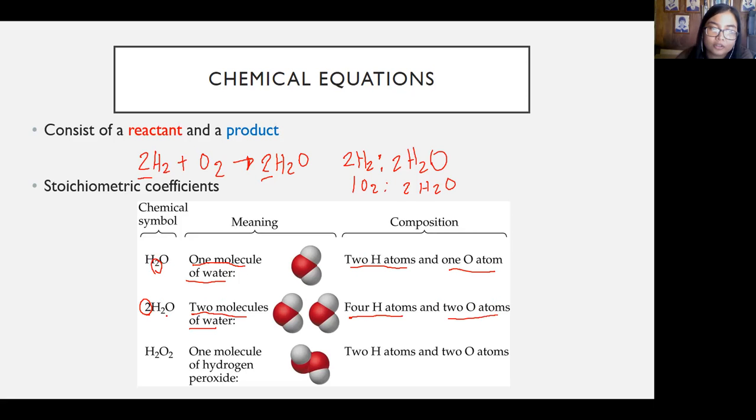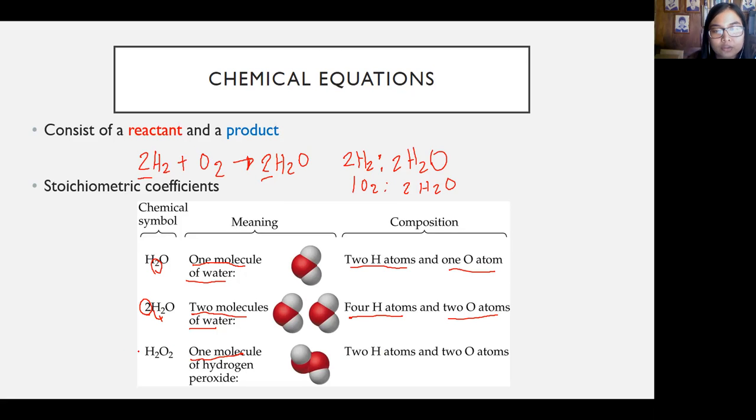So, paano nangyari yung pinagmutay natin yung coefficient dun sa subscript ng ating atom? And this another example is the hydrogen peroxide with the chemical symbol H2O2. So, this also means that we have 1 molecule of hydrogen peroxide.